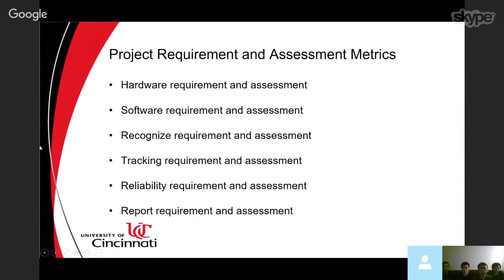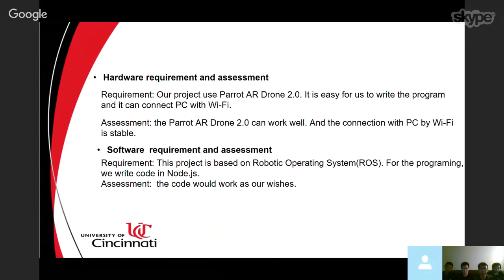Next, I will introduce the project requirements. We divide our requirements and assessment into 6 parts. And next, I will introduce these 6 parts. The first one is hardware requirement and assessment. For the hardware, our project will use Parrot AR Drone 2.0.